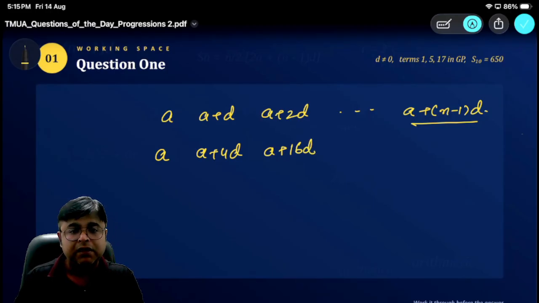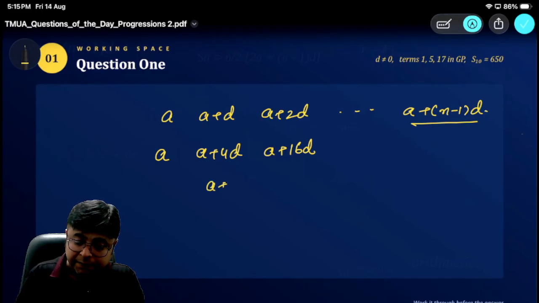Now, this forms a geometric progression, and the definition of geometric progression is that the ratio of consecutive terms remains the same. So A plus 4D upon A will be the same as A plus 16D upon A plus 4D.